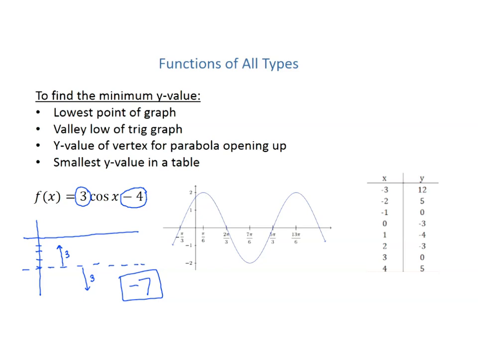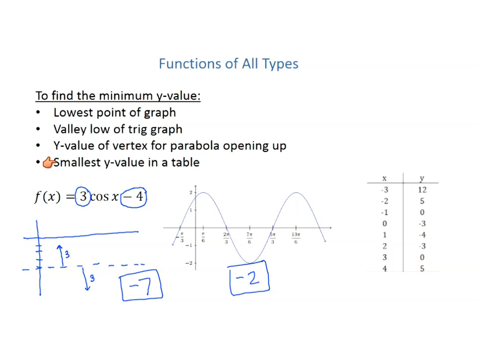Right, then for the graph, like we saw before, it's easier when we have the graph. We just look for the lowest valley point, or the valley low, we could call it. And the valley low here is at -2. And then on the table, we look for the smallest y value.